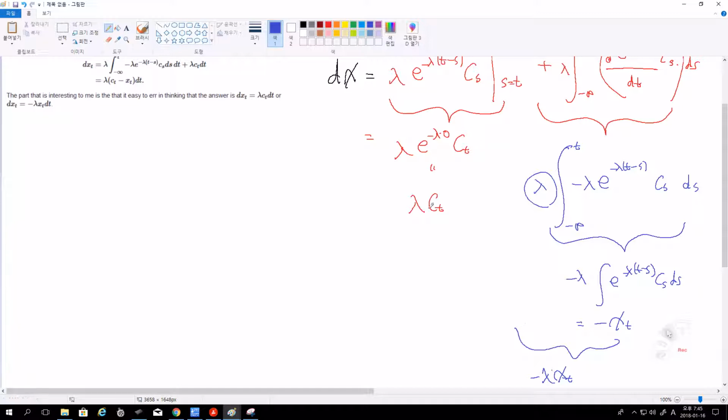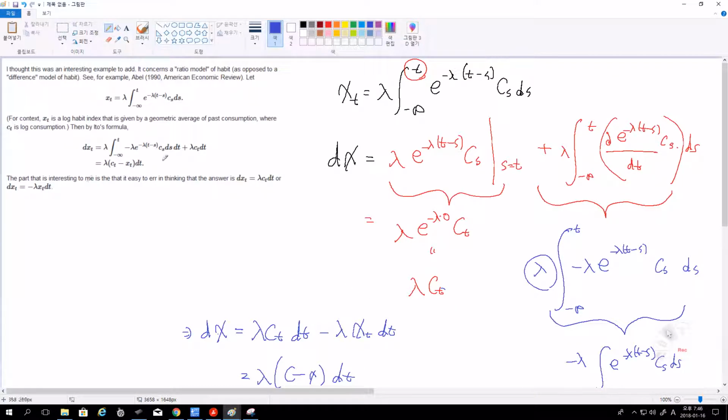Now we can combine this and this. So therefore, dx equals lambda c(t) dt plus this one, actually minus lambda x(t) dt, which is lambda (c minus x) dt. Okay, so we proved it.